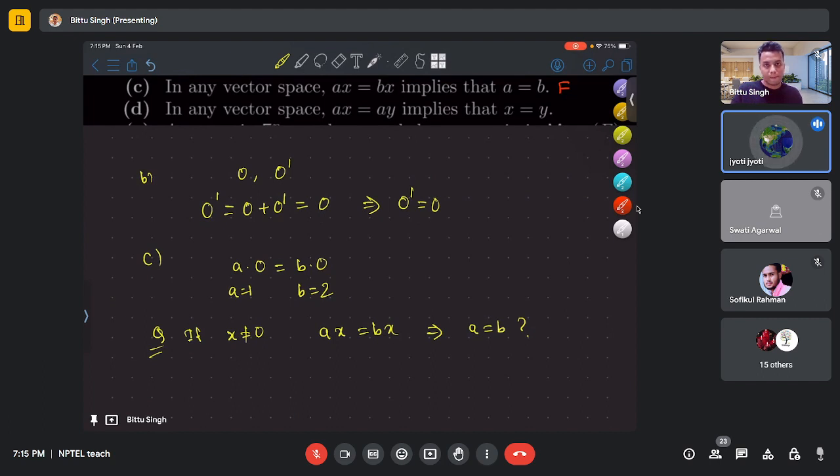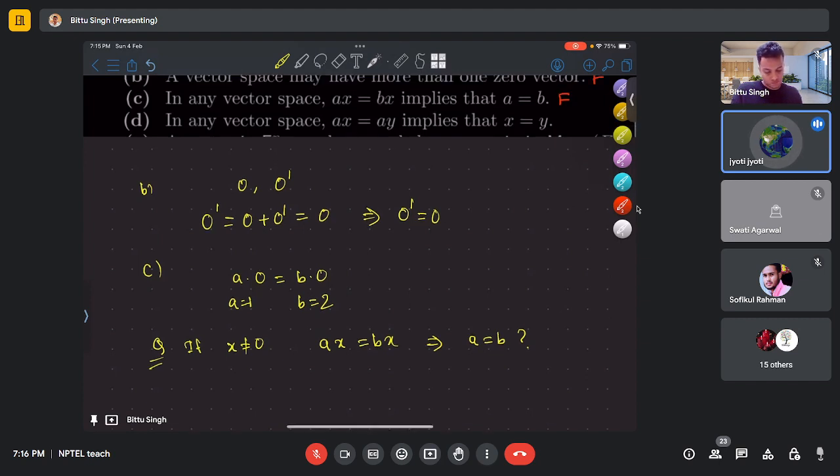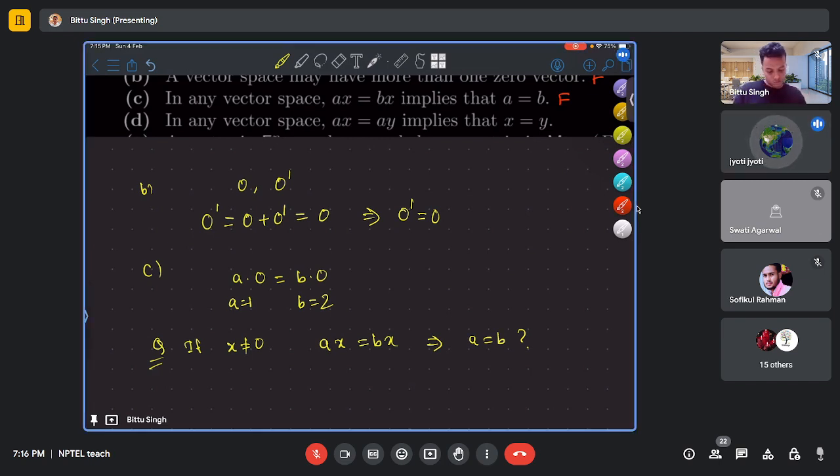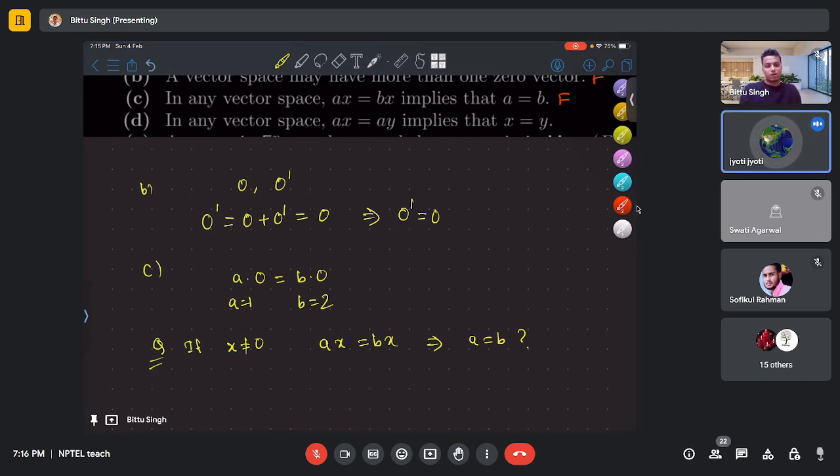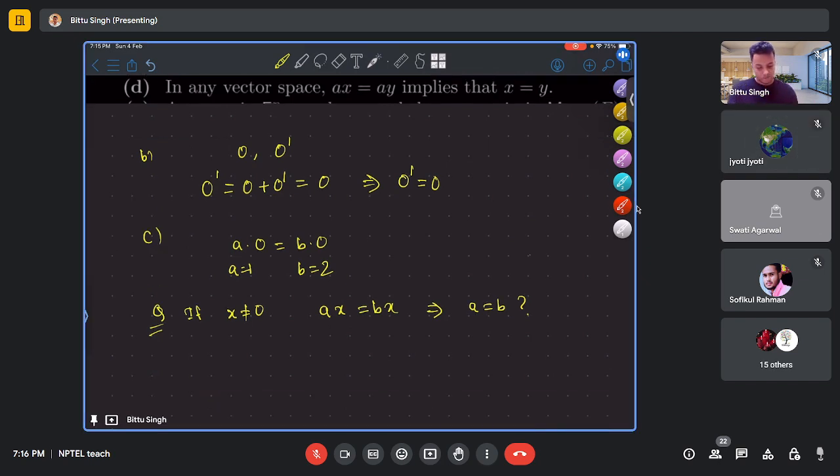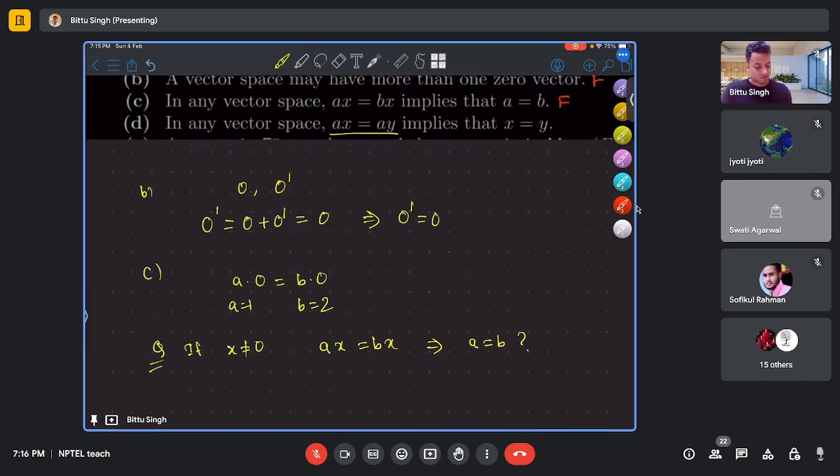So we can multiply both sides by x inverse, and x and x inverse compose to give the identity element. On the left-hand side we get A times the identity, that is again A, and on the right-hand side we get B times the identity, that is B. So it will be true for the second case.